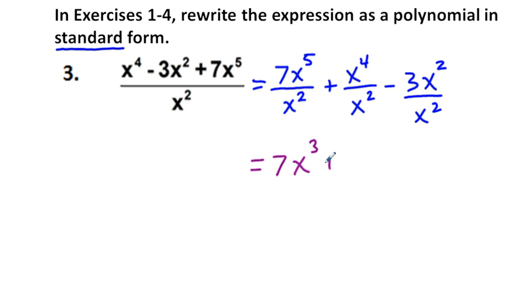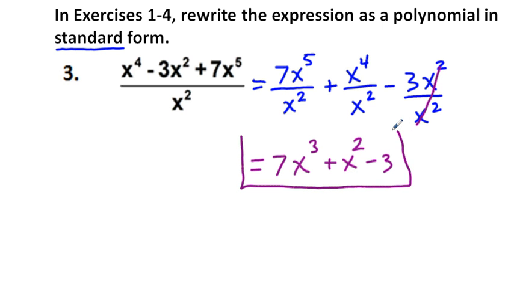And plus x to the 4th divided by x to the 2nd, that's going to be plus x squared. And we're going to have minus 3, and x squared over x squared cancel equal 1. So we have this cubic trinomial, 7x cubed plus x squared minus 1.